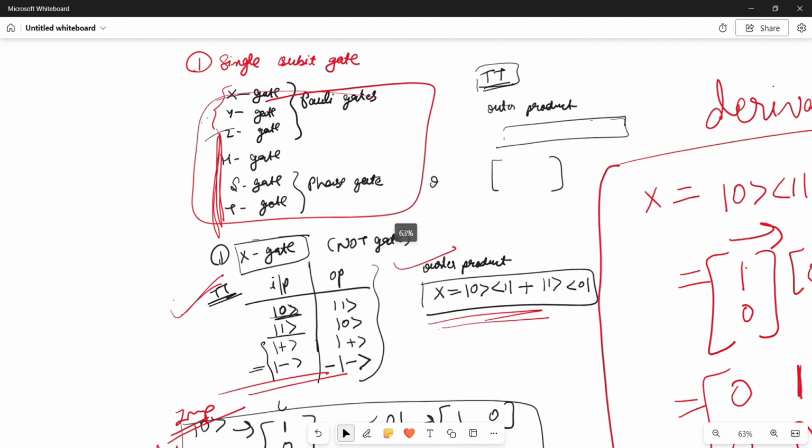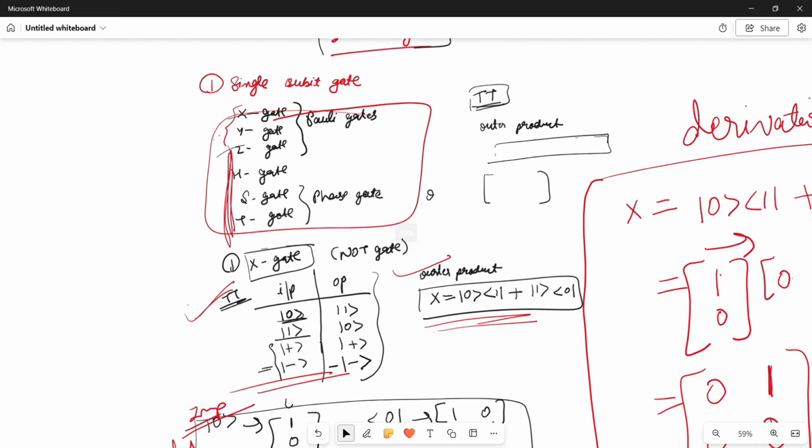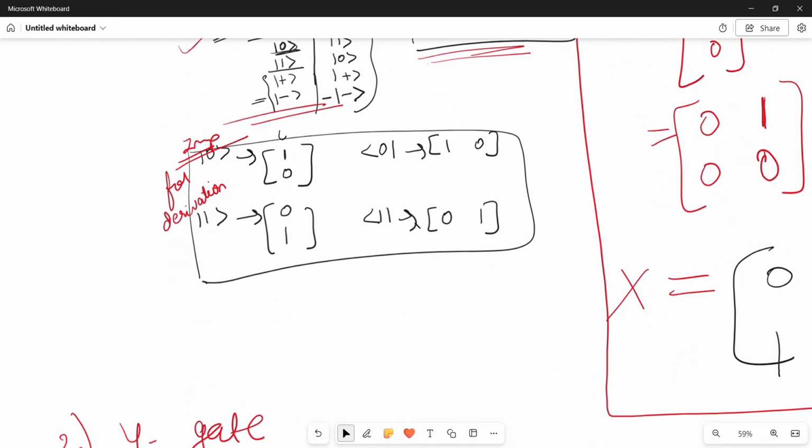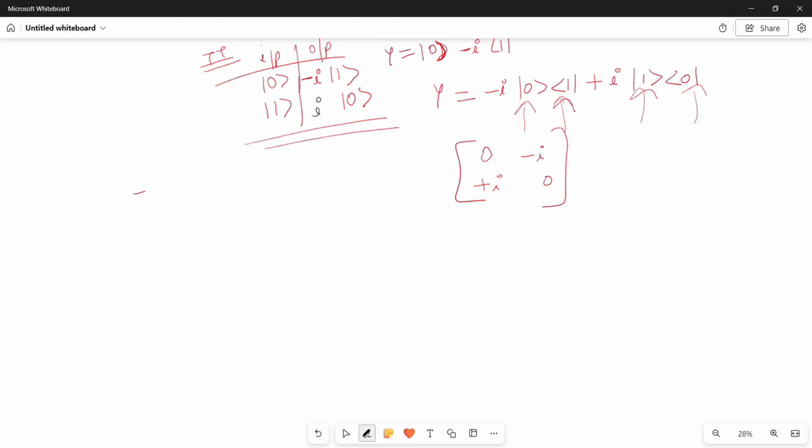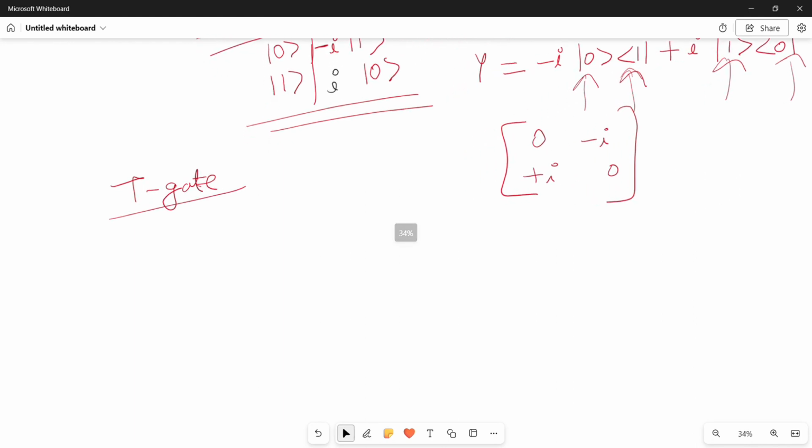But before that, let me first talk a little bit about your phase gate. What is a phase gate? Okay, so your T gate, it comes under your phase gate. It is also called your pi by 8 gate. Pi by 8 gate has a phase difference of pi by 4.